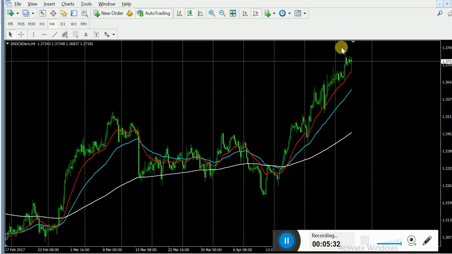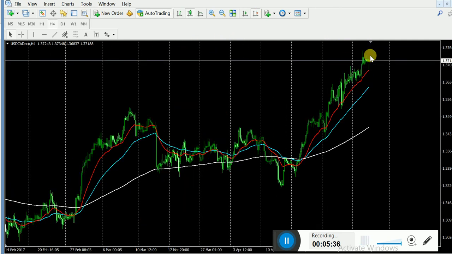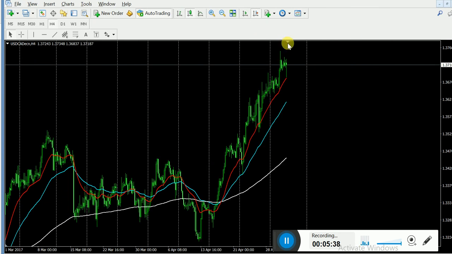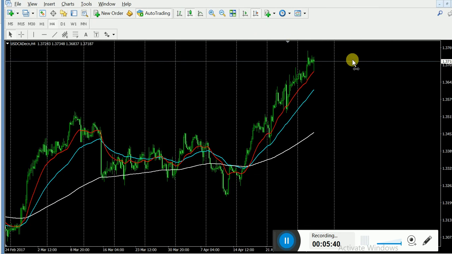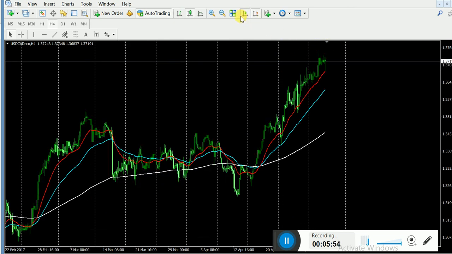Boom. You can adjust that with this arrow. It gives you a little more space on the right hand side, but it takes away your previous data. Keeping this one indented would always keep the screen shifting with price. All right. But for now, we're going to keep both of them imprinted.